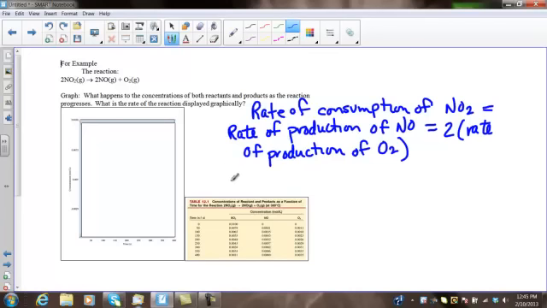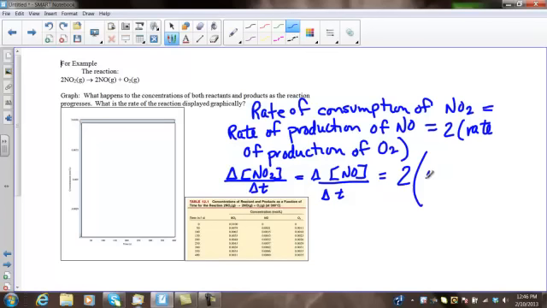So if I were to put this in an equation, I could say that the change in the concentration of NO2 over the change in time is equal to the change in the concentration of NO over the change in time, which is equal to 2 times the change in the concentration of O2 over the change in time.